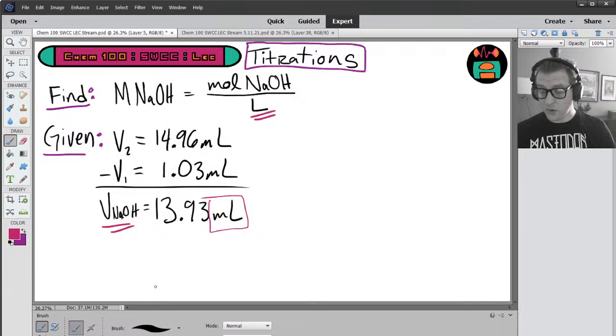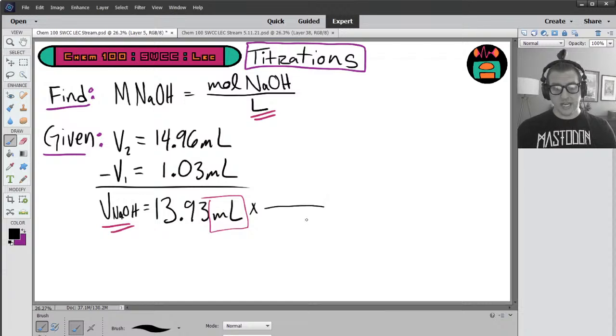But it's not enough to know the volume. We need to know the volume in liters. So we actually have to do a unit conversion here. We want to cancel milliliters. We want to be left with liters. 1 liter is 1,000 milliliters.